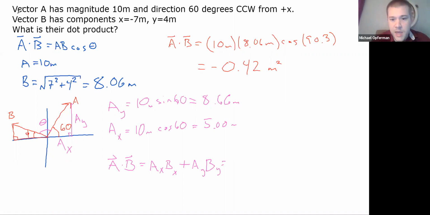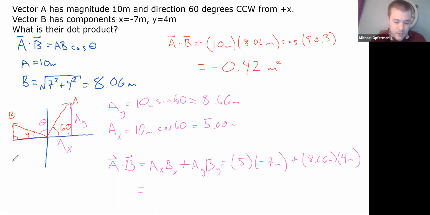So that's going to be AX is 5 times BX is minus 7. You do include the minus signs here because the components do potentially have minus signs in them. And then we'll have plus AY is 8.66. And BY is 4.